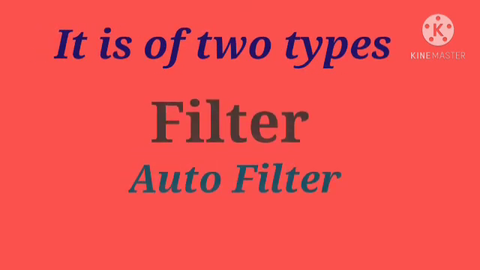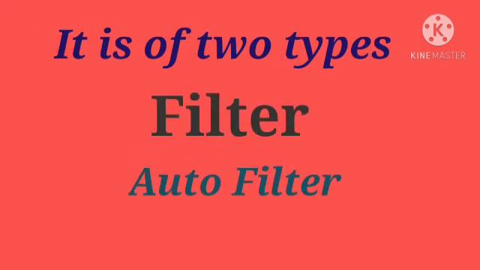It is of two types: Filter and Advanced Filter. Filter: selecting this command, a grey color drop-down arrow appears to the right of the field name. Using this arrow, you can create your filter list.